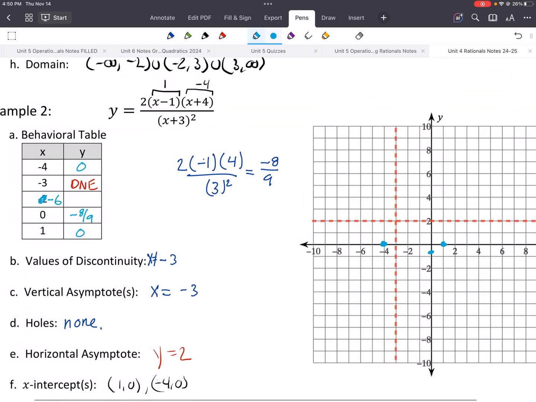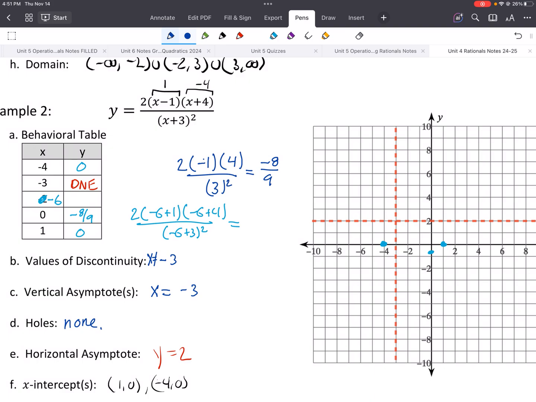So again, we're going to use this equation that we had, and we're going to do 2 times -6 plus 1, and then -6 plus 4, and then -6 plus 3 squared. Again, you can type that whole thing into your calculator. I don't have my calculator, so we're going to try and do this by hand.